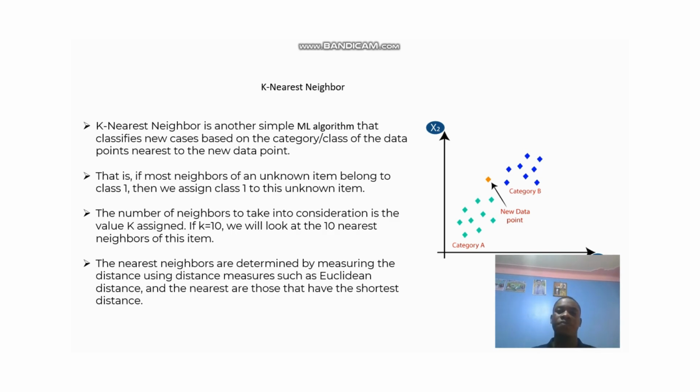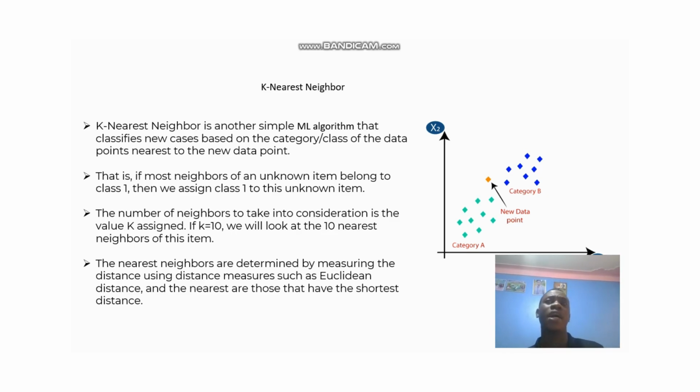For example, if you have two clusters, as in this illustration, and we want to assign the new data point to a particular category, we first measure its distance from each of the different categories, for example, the distance from category A and the distance from category B. The shortest distance will tell us which category this data point belongs to.